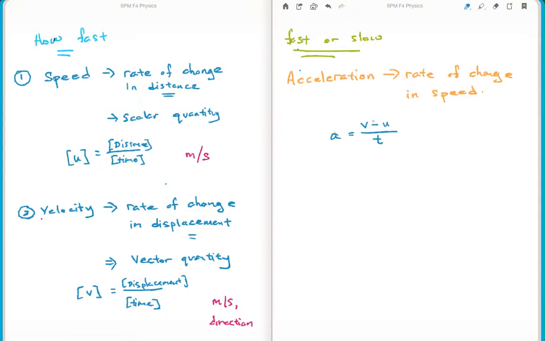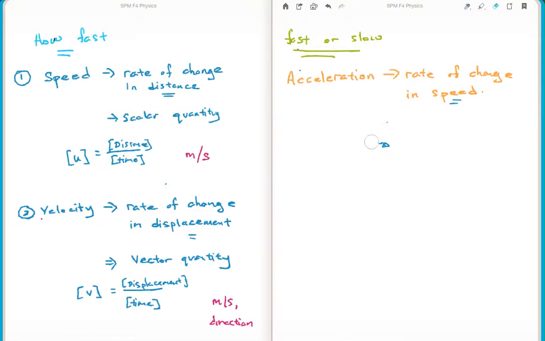If you don't want to confuse yourself with v and u, then I would change it to final minus initial, over the time of change, maybe a triangle, change of time.